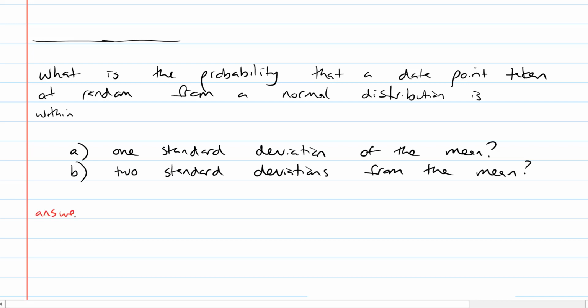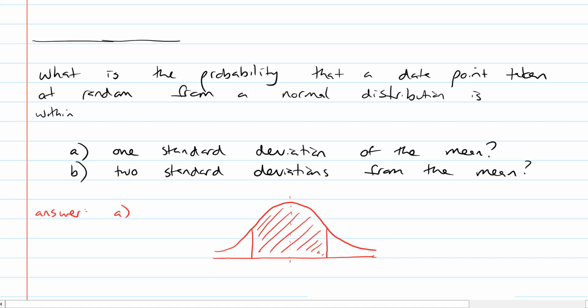We are going to sketch this just so we can see what's going on. So if we're doing 1 standard deviation from the mean, then we're basically looking at from the lower inflection point to the upper inflection point, where here's our mean, and we're looking at this area here. Now, because we can have any mean, the easiest is to choose that our mean is 0.